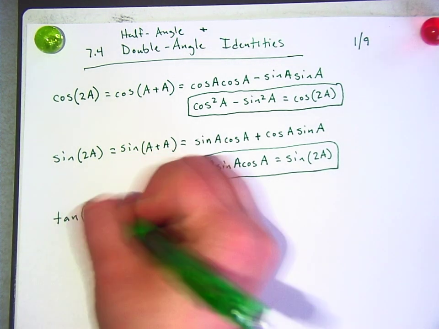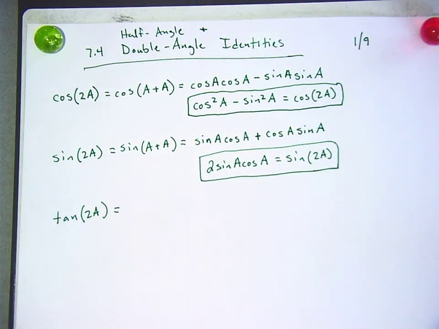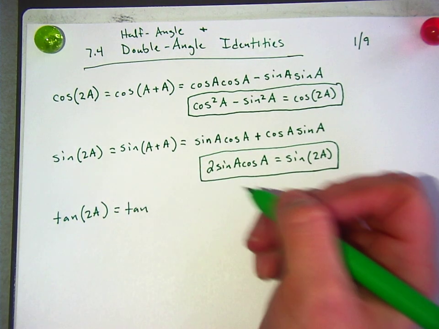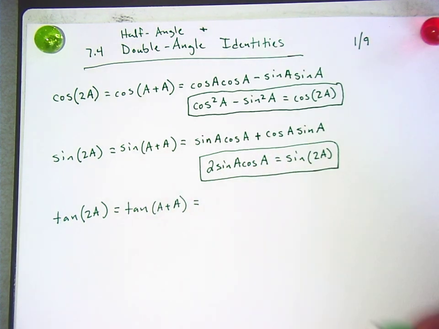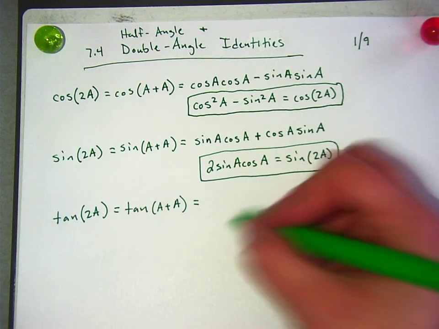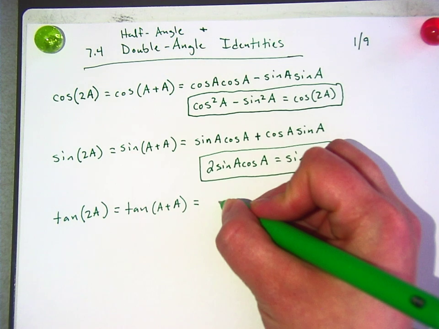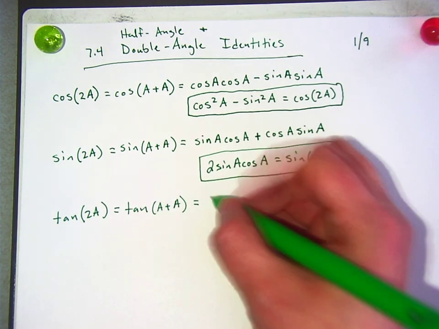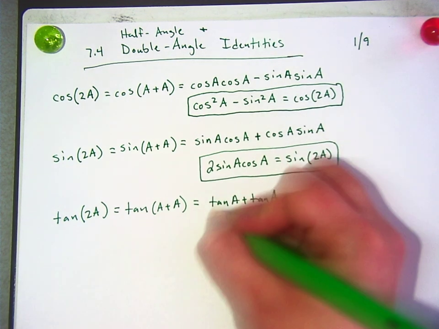Tangent of 2A. Bravery, bravery, bravery. Yeah, Michaela, do it. All right, so tell me what to write. Over?